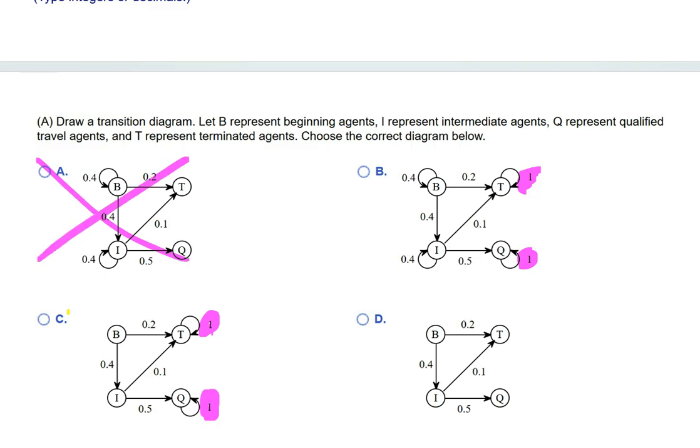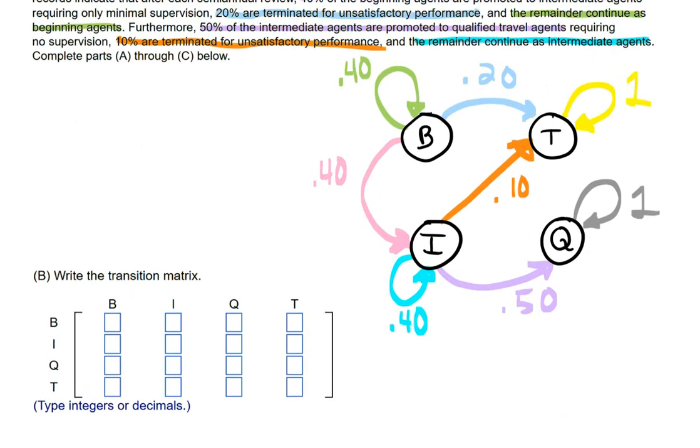This one doesn't have it, and this one doesn't have it. And then the other thing I noticed is on C, they're missing this, and they're missing that. But I see them right here. And then all the numbers match, 0.4, 0.2, 0.4, 0.10, 0.4, 0.5. So it's choice B, all right? That's choice B. Okay, so do that in my math lab.